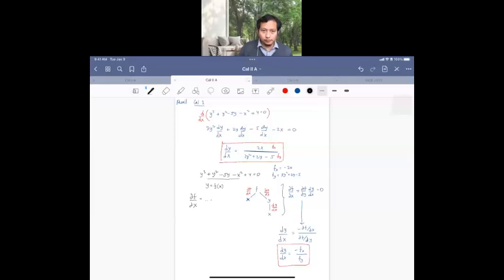So next Friday, we will start a new section, which we call the gradient vector and directional derivative. Okay. Any questions from this part?